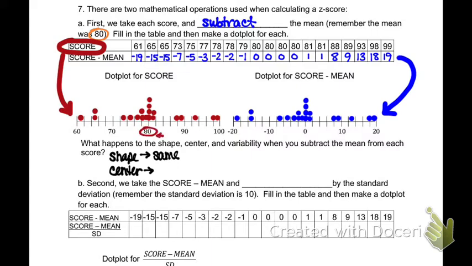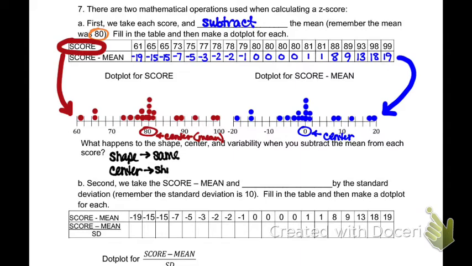Here's the center of my first distribution. It was our mean. For the second distribution, my center is 0. So the center shifted down by 80. Did my distribution get closer together at all? No, it's just that whole thing slid down the number line 80 spots.